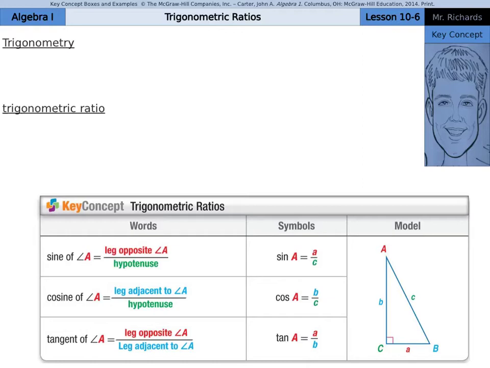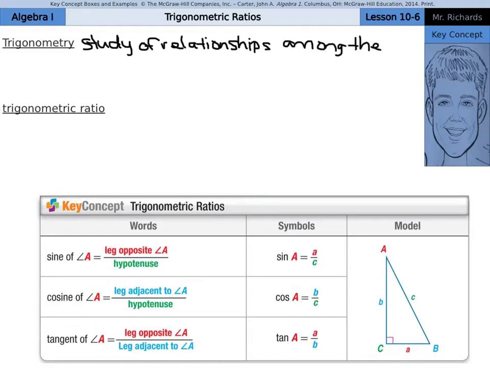Our first definition is that of trigonometry, and it is the study of relationships among the angles and sides of triangles.